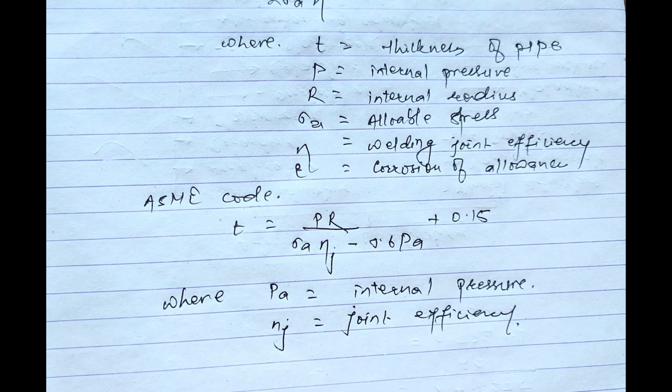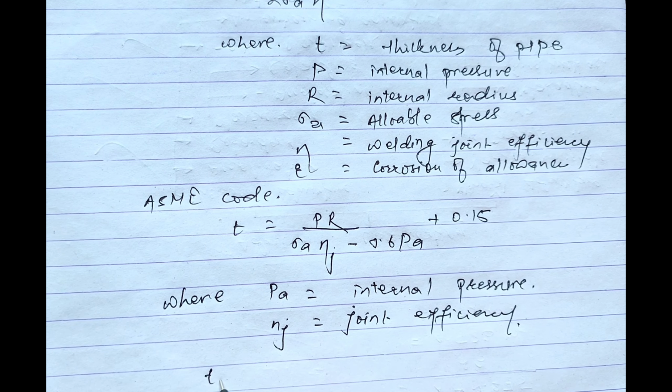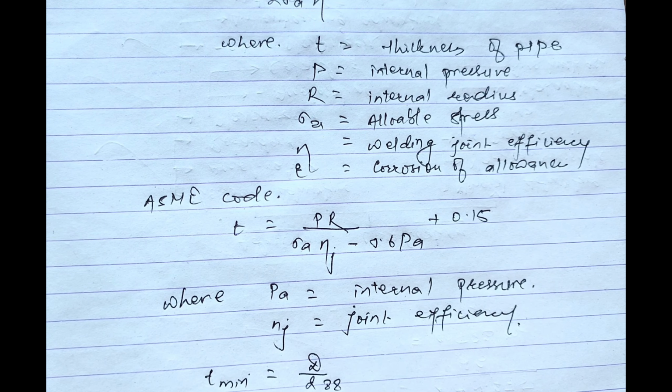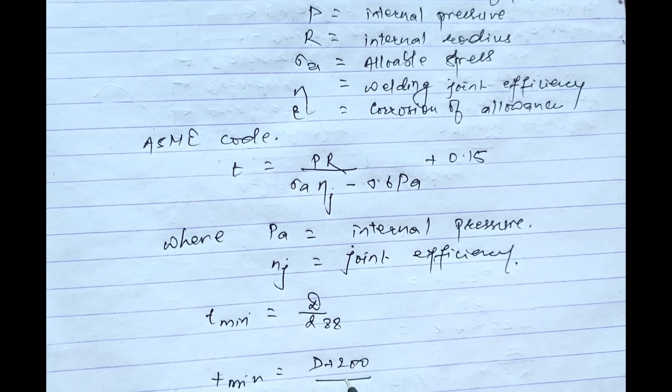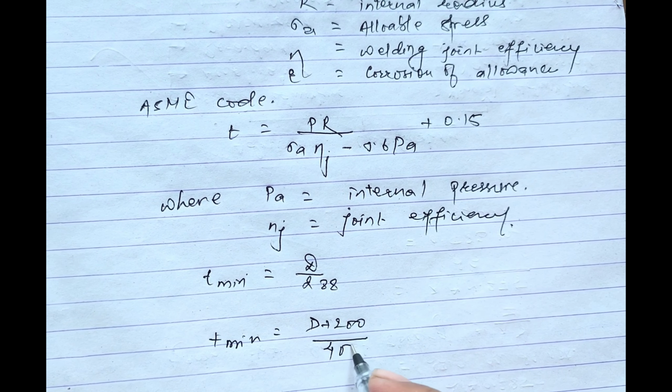Whereas the minimum plate thickness of the pipe is to be calculated considering handling and transportation factors, for the case where the thickness calculated using the relation of internal pressure is very small. For t min equals D divided by 288, and another is t min equals D plus 200 divided by 400.